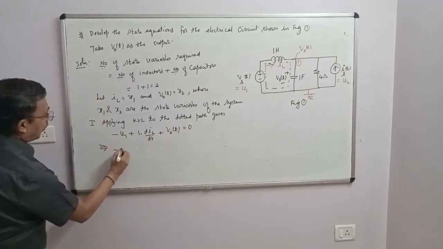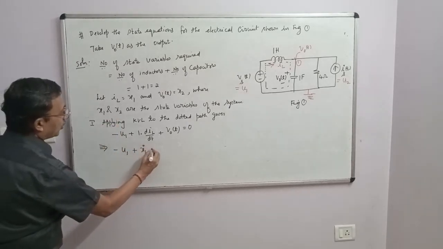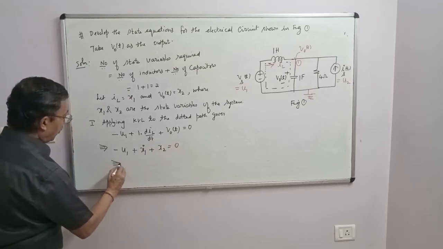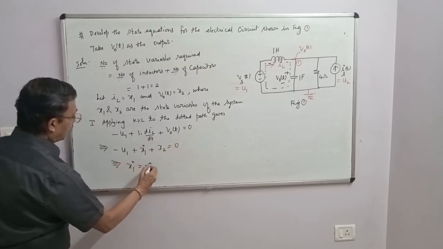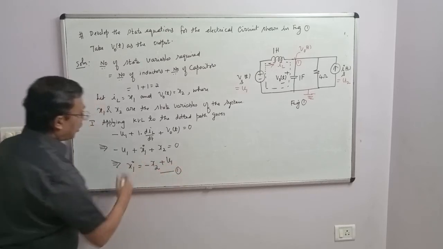This implies minus U1, IL is x1, so dIL by dt is what? x1 dot, V naught of t is x2, equal to 0. This implies x1 dot is equal to minus x2 plus U1. This I will call equation 1.